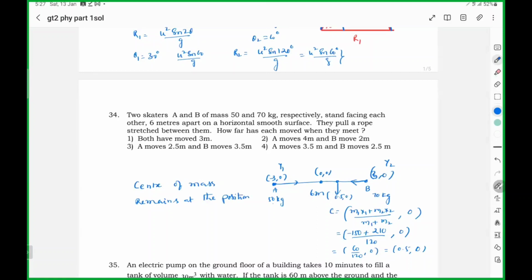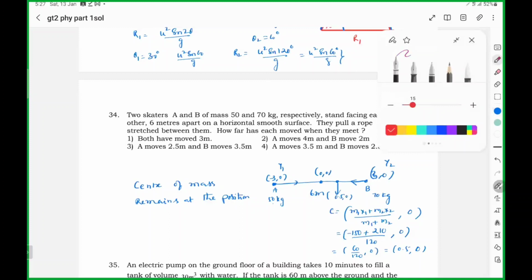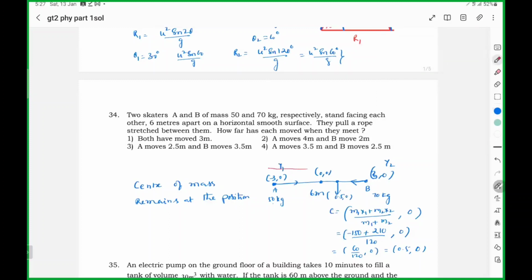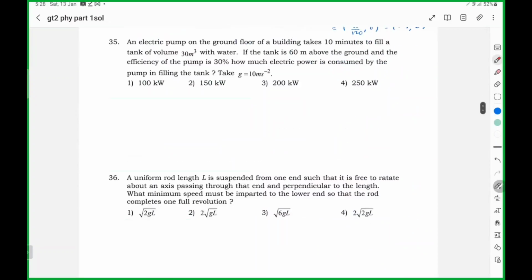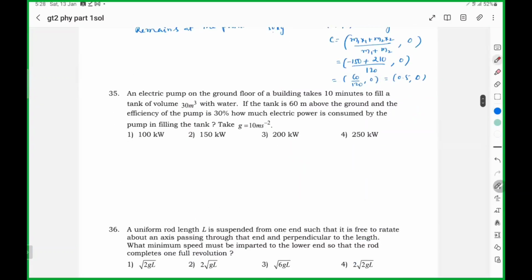To meet each other, one has to travel 3.5 meters, and B has to travel 2.5 meters.